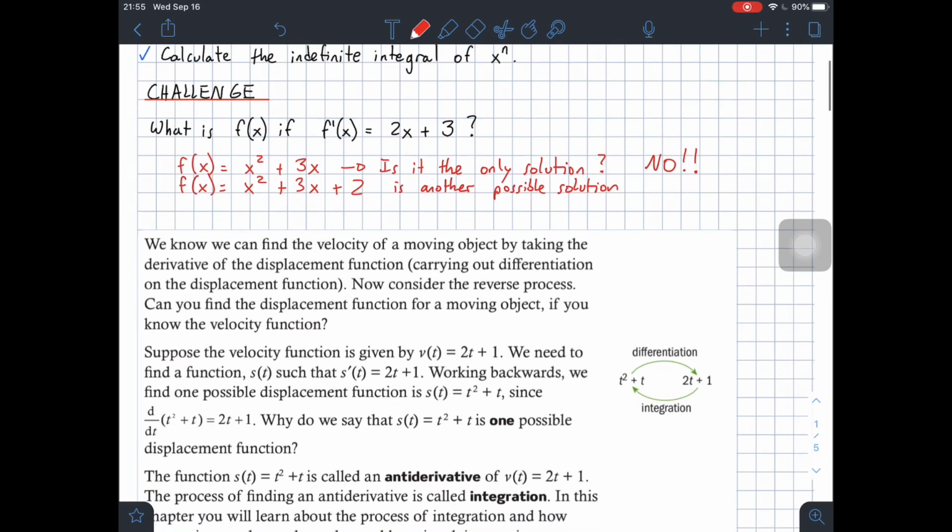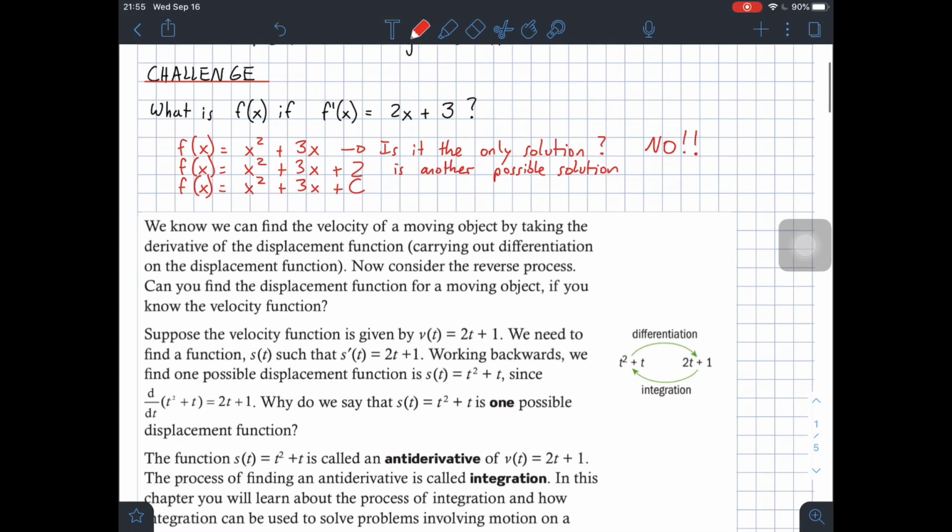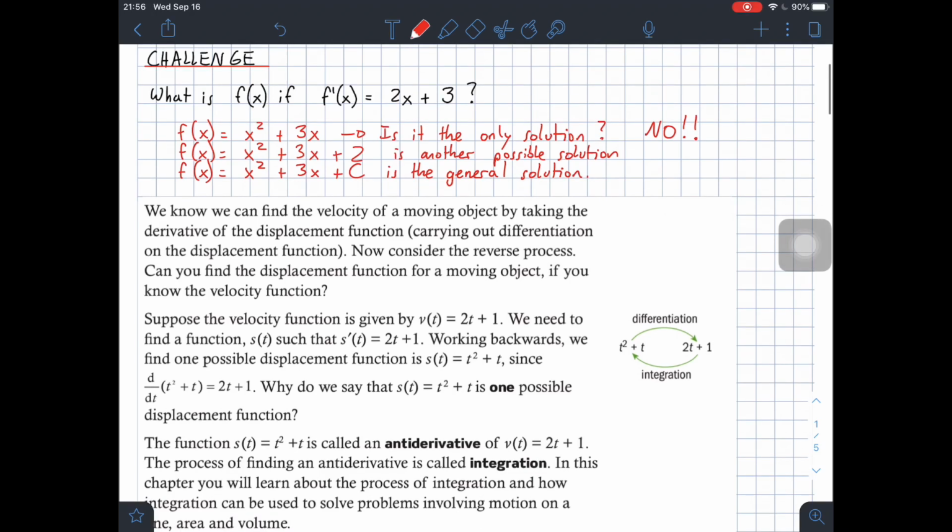So we could write the original function in a general form by saying that it will be x squared plus 3x plus c. We're going to use plus c here, where c is any constant number, right? So this is the general solution. The general solution. And c is any constant number.